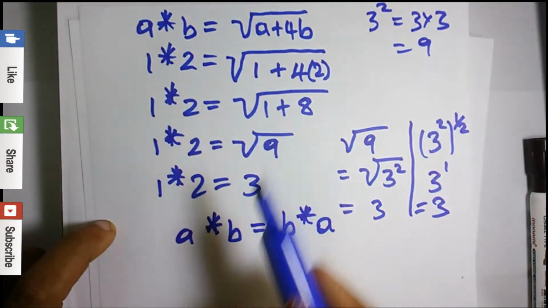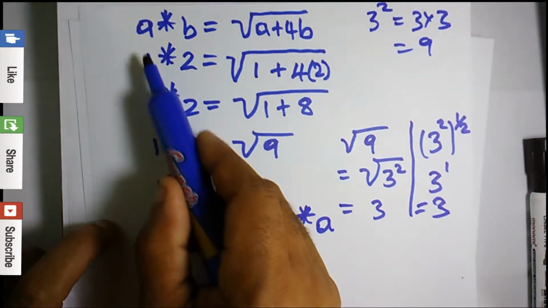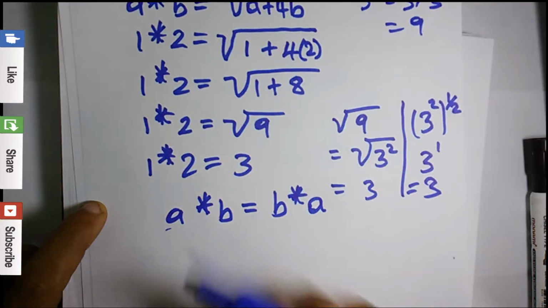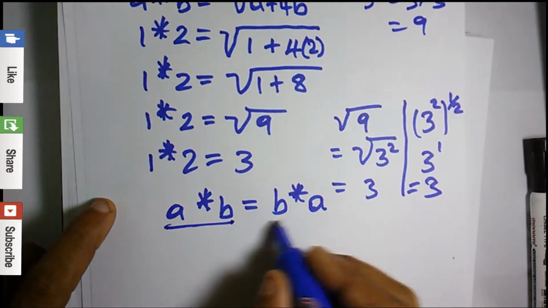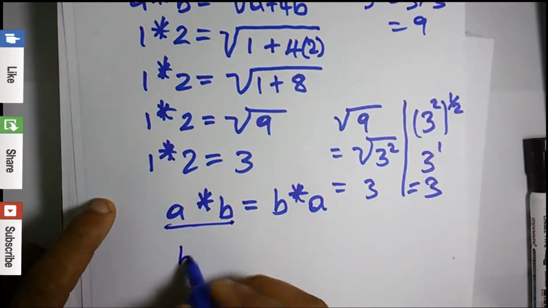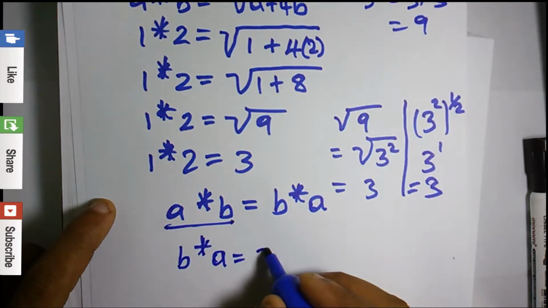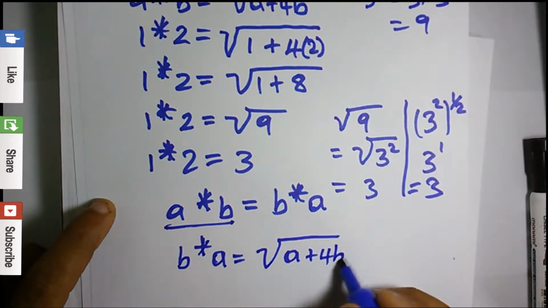We substituted the value for a as 1, b as 2. So down here we already have a value for this section of the question. So what we are going to do is solve for this section, in which I'm going to write b asterisk a equals the same system, the square root of a plus 4b.